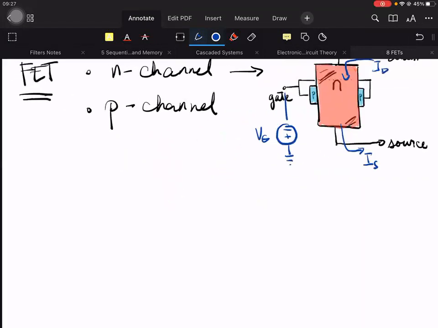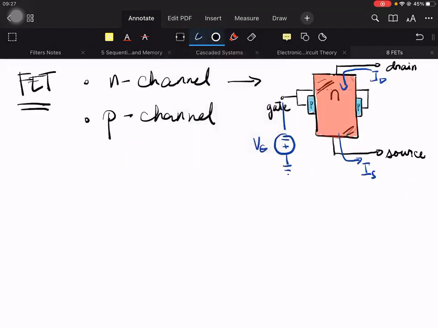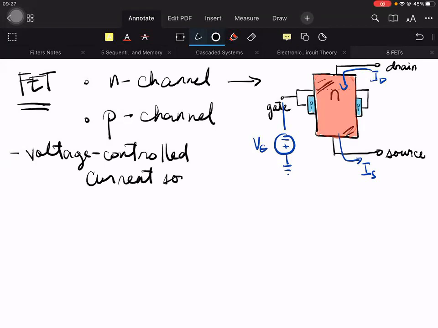So we now have an idea that field effect transistors, what differs from the BJT, are not only made as N-channel and P-channel, but are also voltage controlled current source.